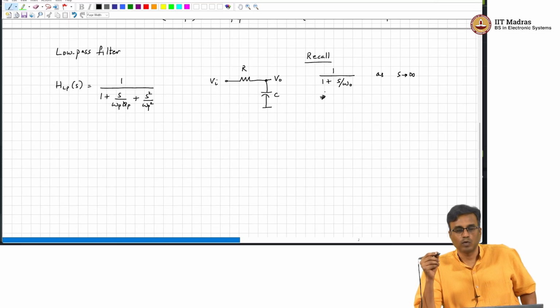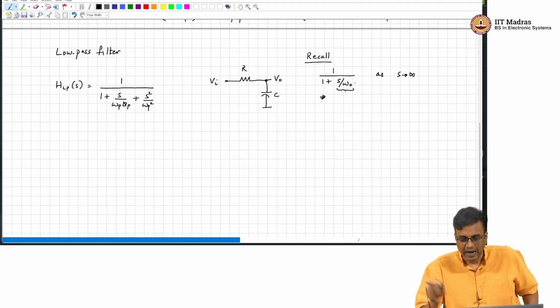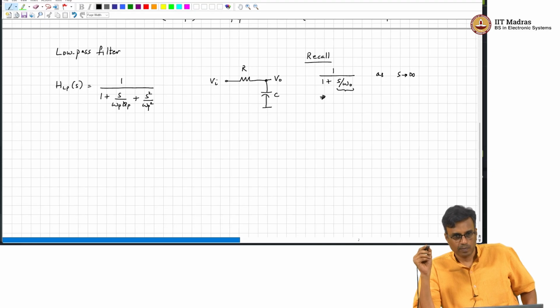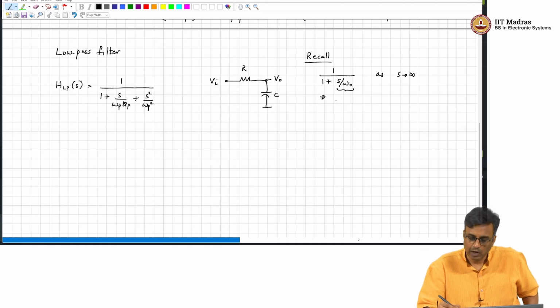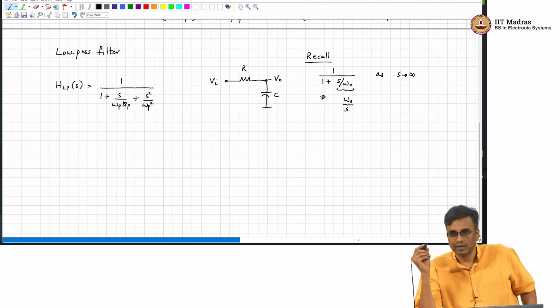How does this go asymptotically? At infinite frequency it goes to 0, right, but at large frequency, which term in the denominator dominates? S by omega naught. So, the transfer function is approximately omega naught over s.